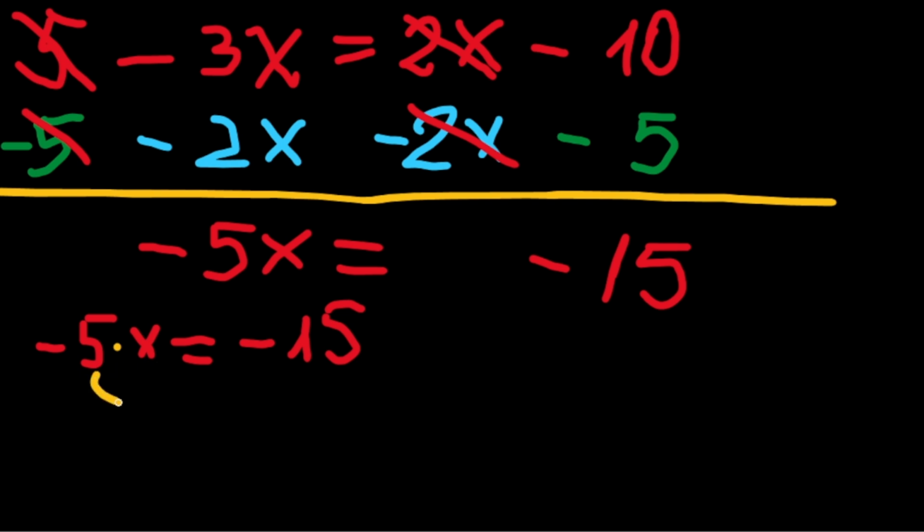So in this case, we can bring minus 5 to minus 15. When we have multiply, we do the opposite, so we're going to have a divide.